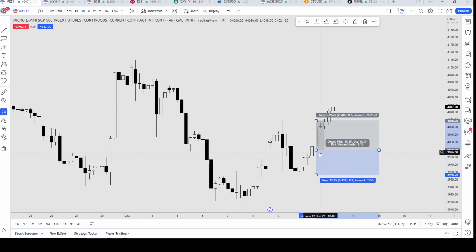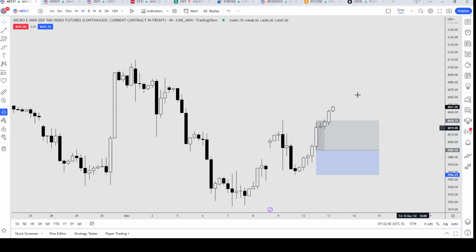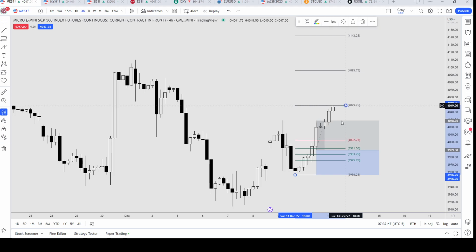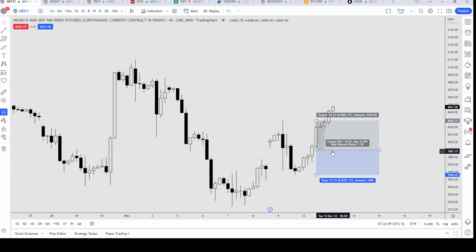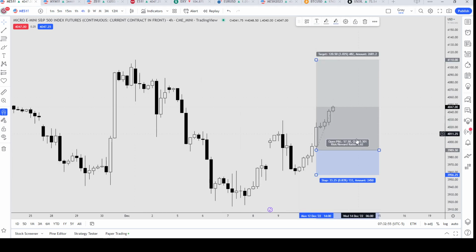I would want to place, let's just say, let's take this fib. I want to take this fair value gap, and I want to long into this area here. A 3% move for CPI is kind of expected.